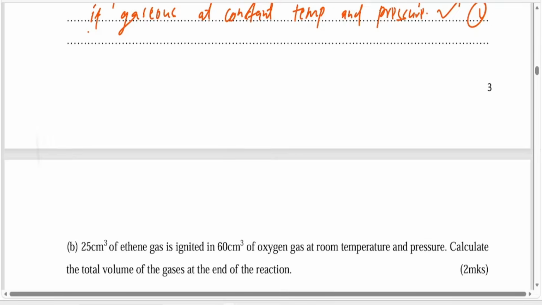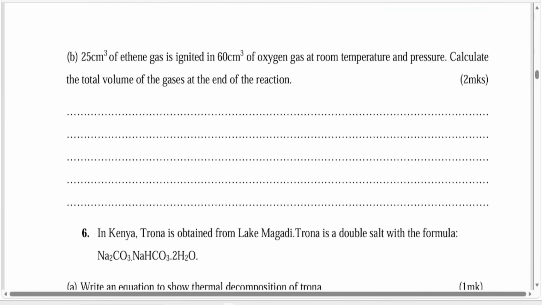Moving to the next question, part B. 25 cubic centimeters of ethene gas is ignited in 60 cubic centimeters of oxygen gas at room temperature and pressure. Calculate the total volume of the gases at the end of the reaction.